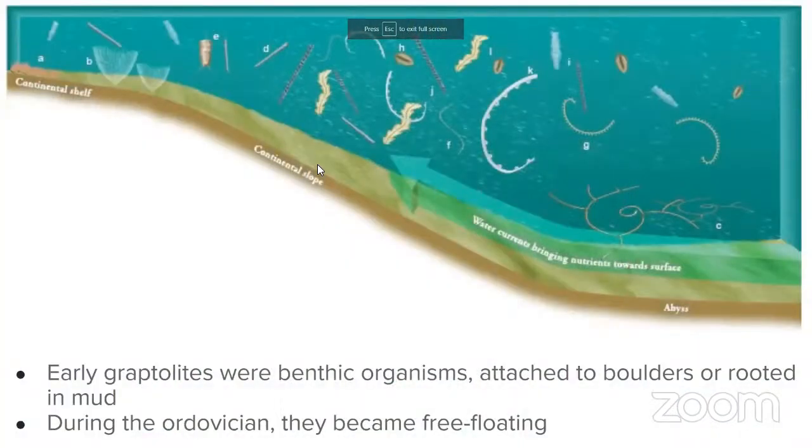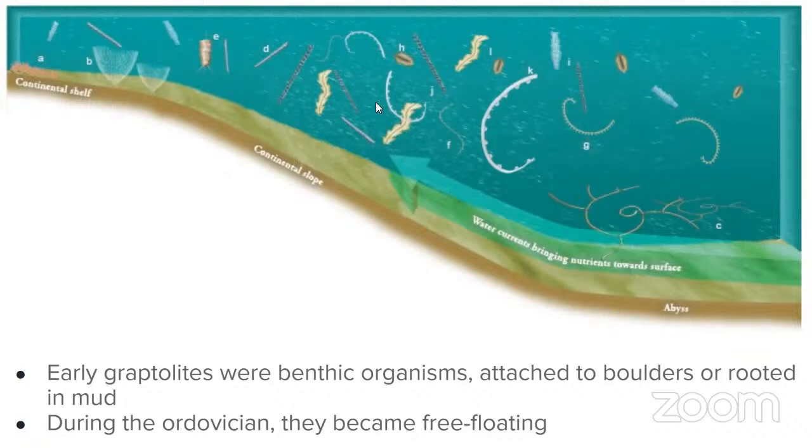So one thing that is true about the graptolites during this time period that makes them so prevalent is that early on, they start out as benthic organisms, kind of anchored on boulders and in mud on that sort of sandy, muddy slope at the bottom of the ocean. But during this time period, they adapt to these shallow seas and become free-floating.